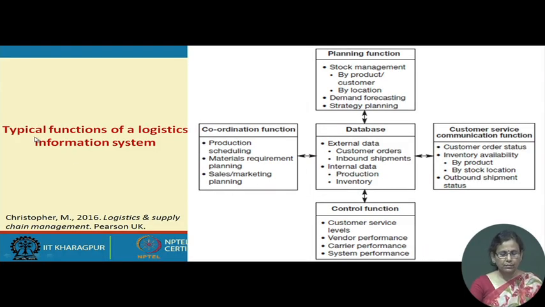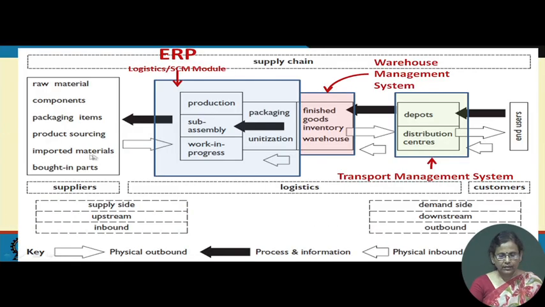So, what are the typical activities of a logistics information system? Here the ERP will have a corresponding logistics or SCM module, which has to be connected with a warehouse management system and with a transport management system.